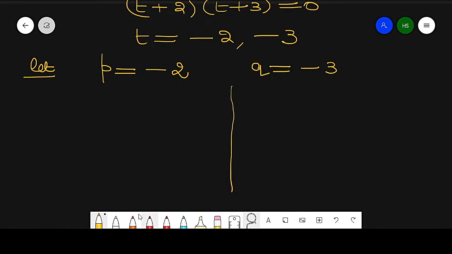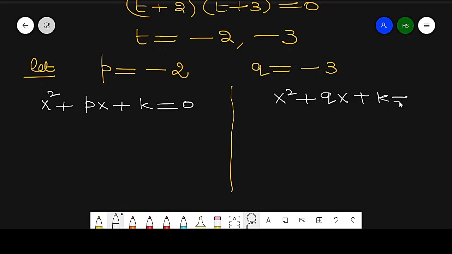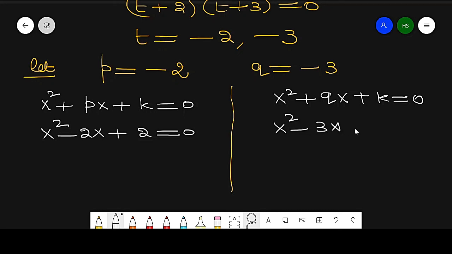So we get two quadratic equations: x square minus 2x plus 2 equal to 0, and x square minus 3x plus 2 equal to 0. Two roots are from this equation and two are from the other.